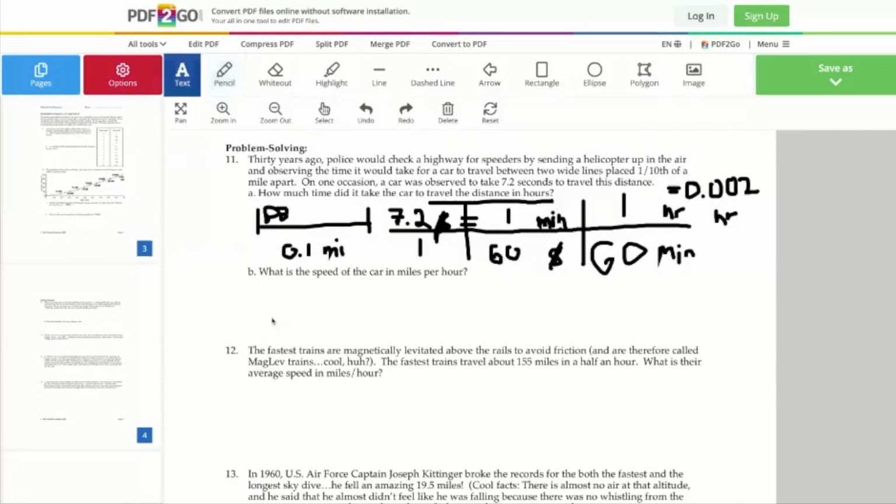And I'm going to type, remember that speed equals distance. And this part should be easy for you guys.